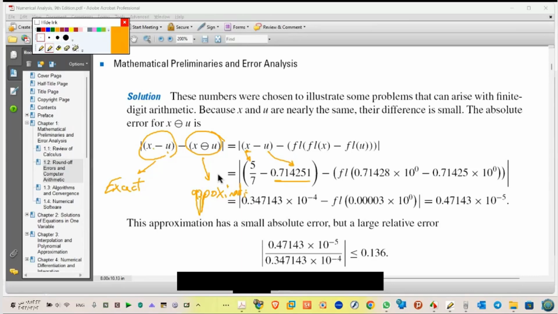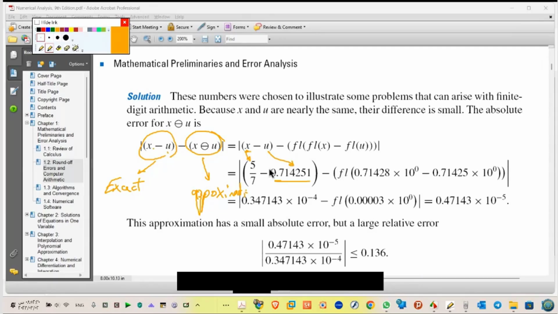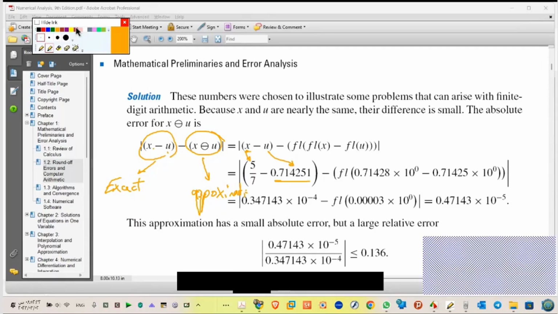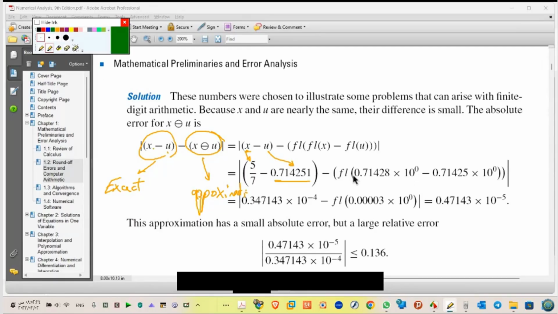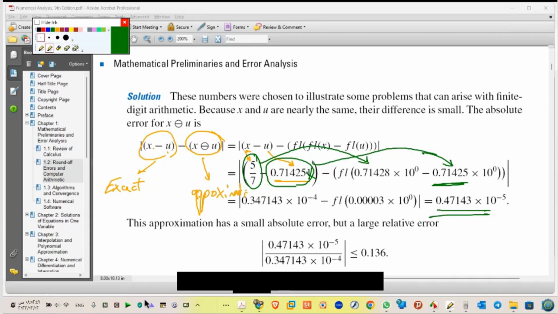Write it as it is, with its full length. Here, the number after cutting, x here will be like this. This number, I will cut the one, so like this. Then make the operation and find the error. Got it?